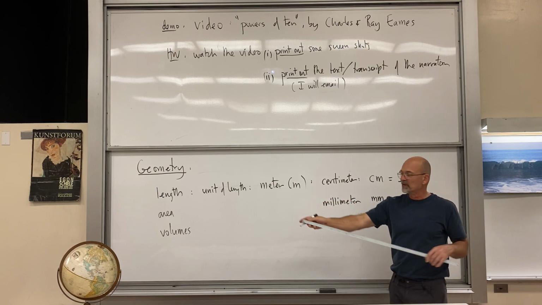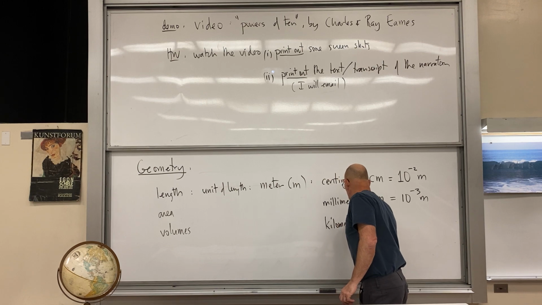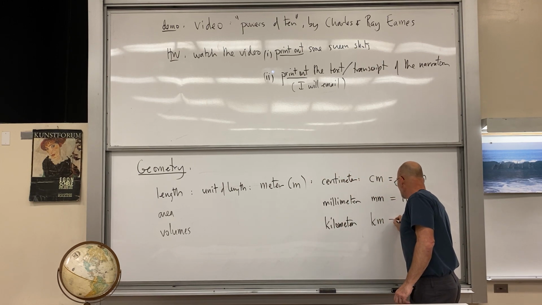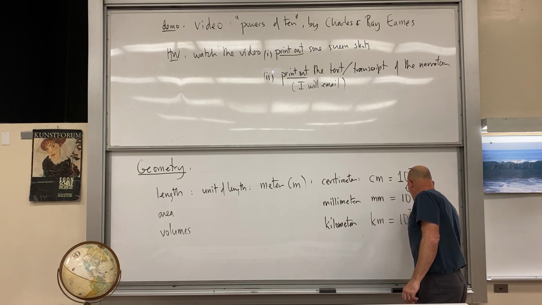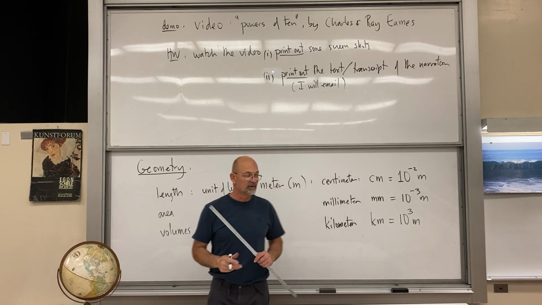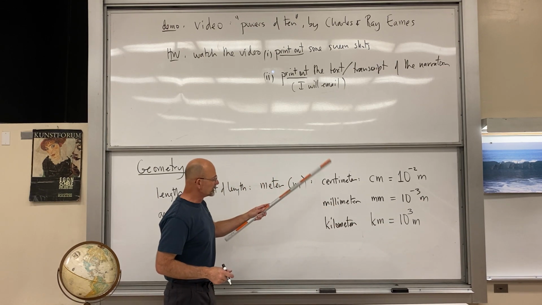So km equals 10 to the positive 3 meters, right? So our decimal system's really nice in terms of that. That's about 6/10 of a mile. Conversions we'll deal with later.